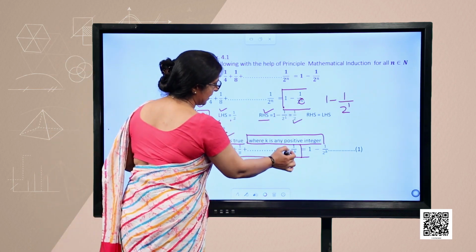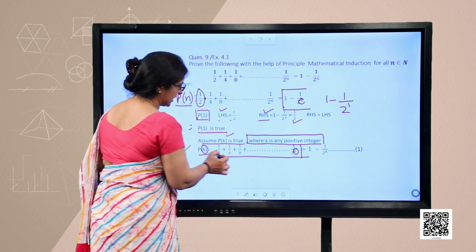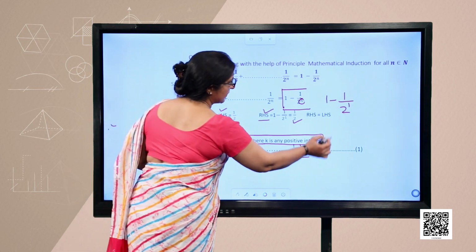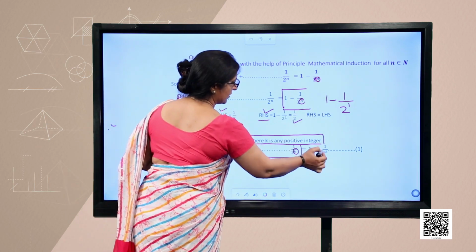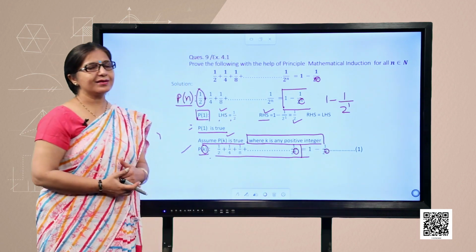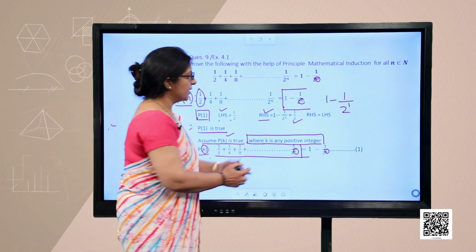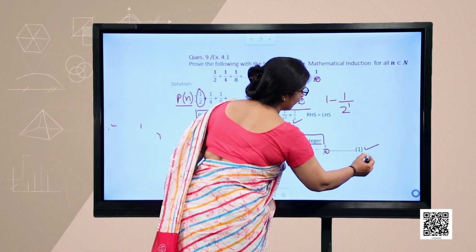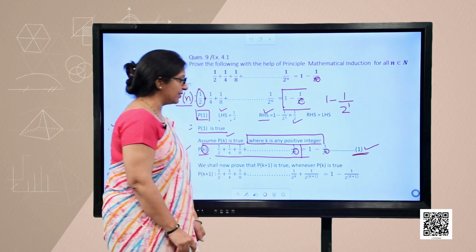The same way here, 1 minus 1 upon 2 to the power k, and this basic step we take as equation number 1. We will be using it further.